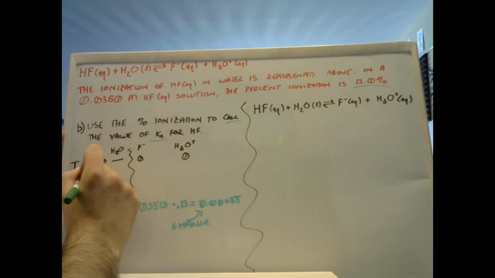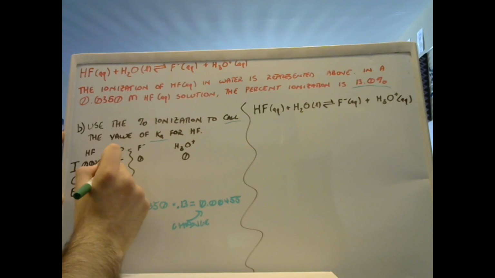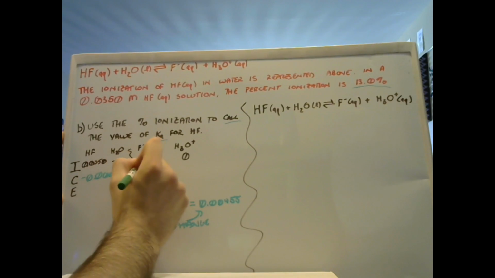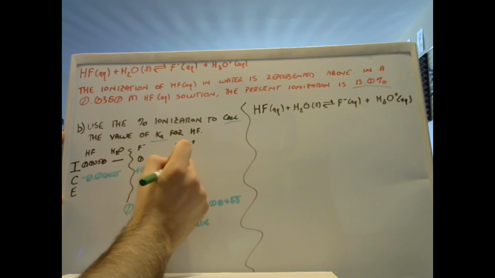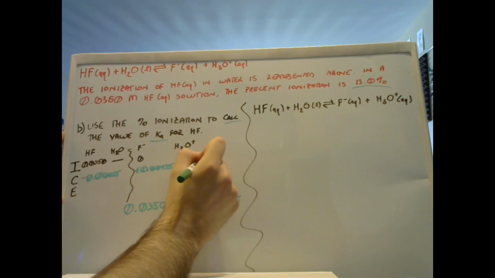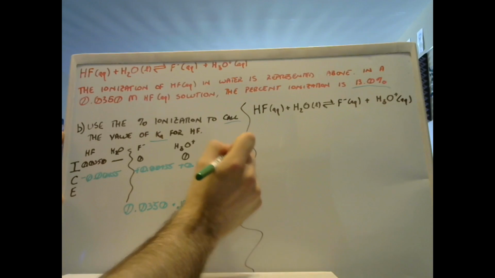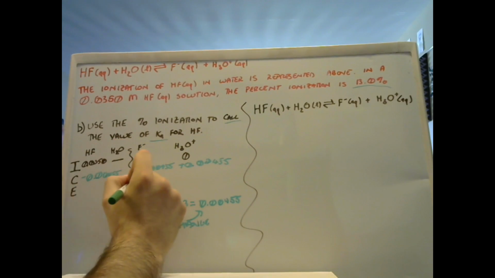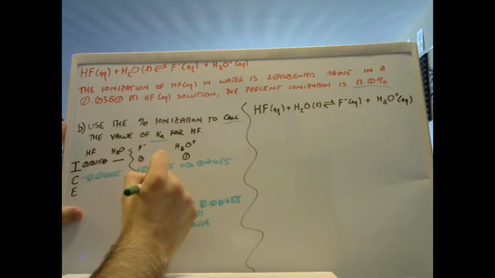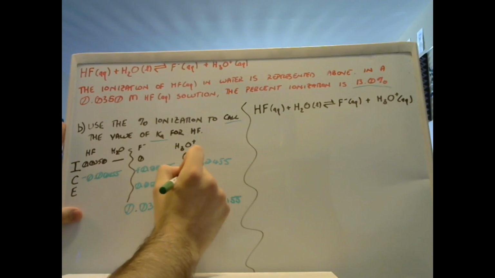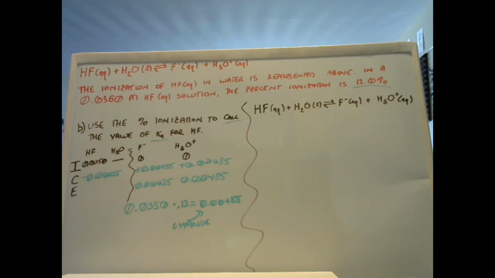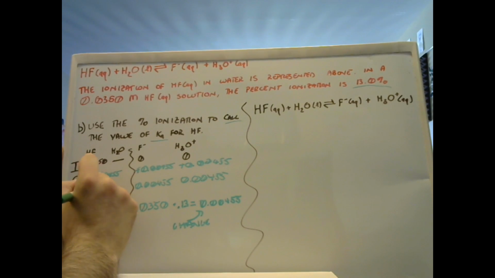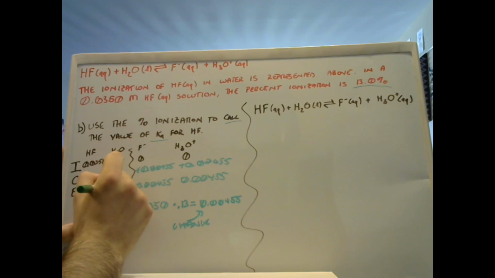So minus 0.00455, plus 0.00455, plus 0.00455, which means ultimately these are going to be 0.00455, 0.00455, and this one would be then 0.0304.